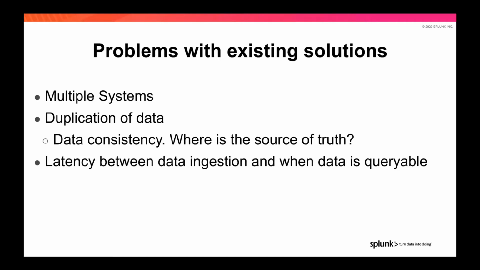And the last point is, there's a latency between data ingestion and when data is queryable, right? It takes time to go through the whole streaming layer, including your message bus and your stream processing engine, before it gets written to your data lake and becomes queryable. It's definitely not instantaneous. There's definitely some latency there that to some users might be a problem.